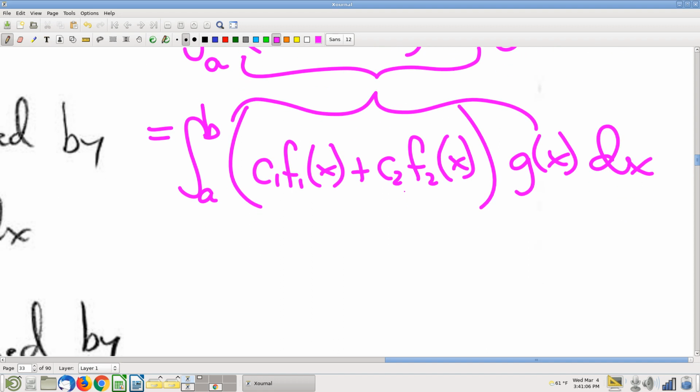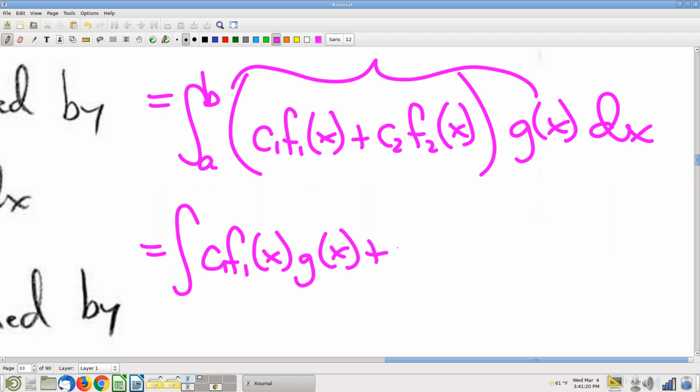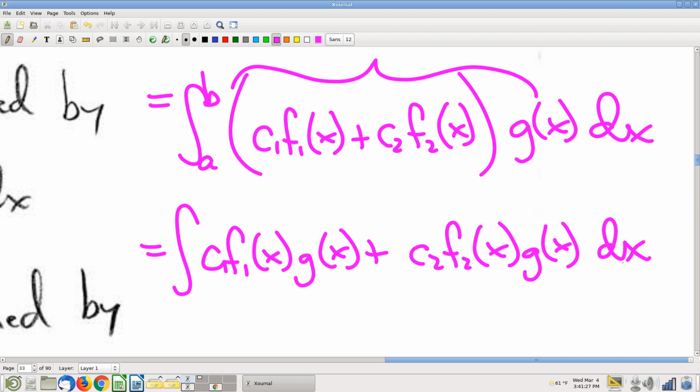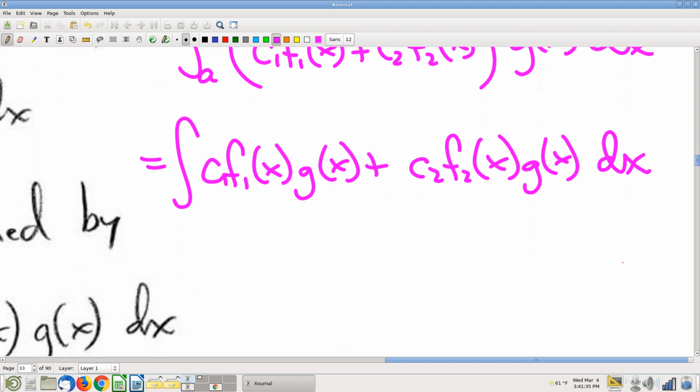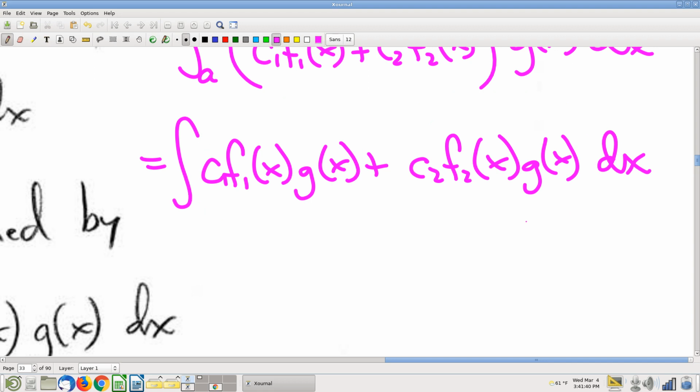Okay, next step. A little bit of algebra. Just algebra, but let's multiply out that linear combination times g. No tricky curves here. This is c1 f1 of x times g of x plus c2 f2 of x times g of x. Just multiply. Nothing happened there. Now a little bit of calculus. Recall that an integral of a sum is the sum of two separate integrals.